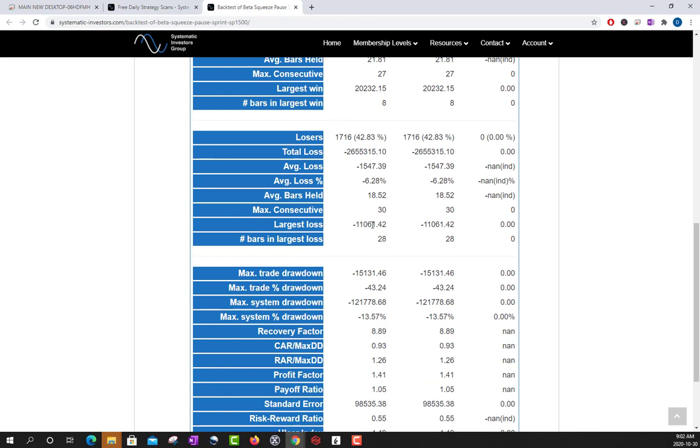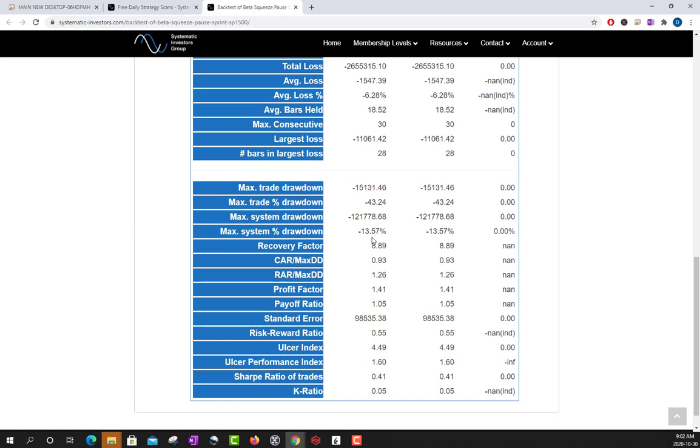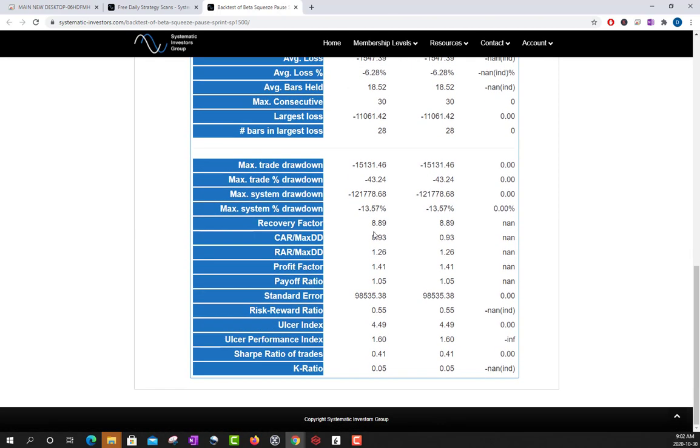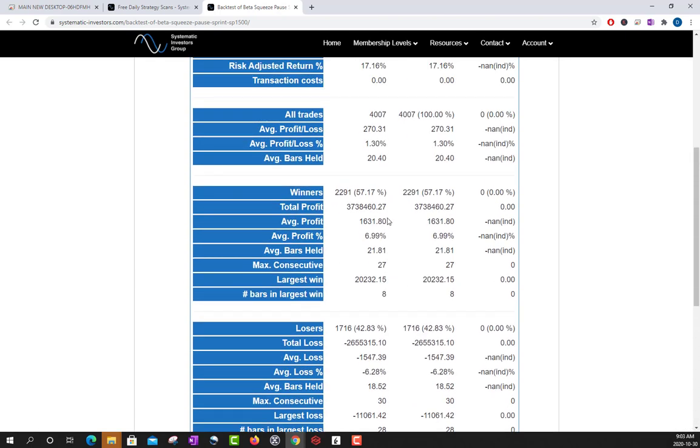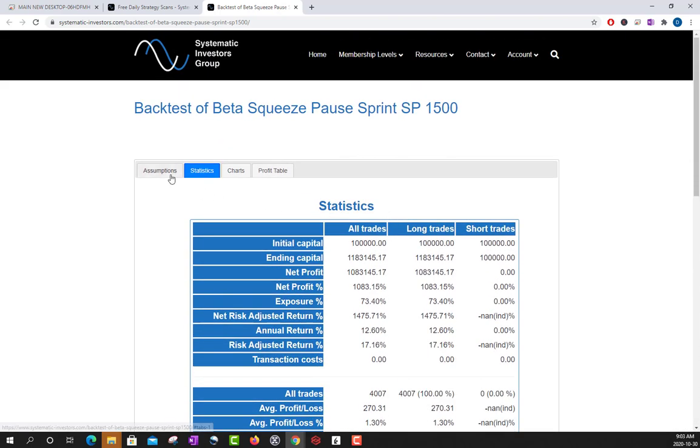We do that when we do the strategy analysis in detail, which will be coming out in another week or two. But you can see the CAR MDD is about 0.93, a respectable 0.93, because the maximum drawdown was about 14%. So that's pretty good as far as strategies go.